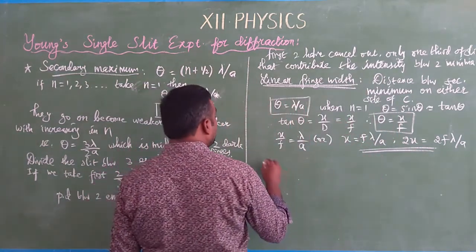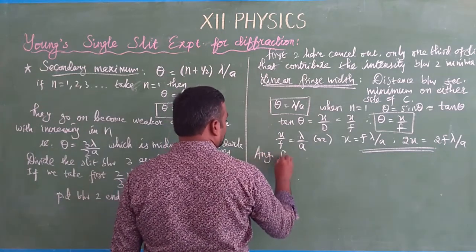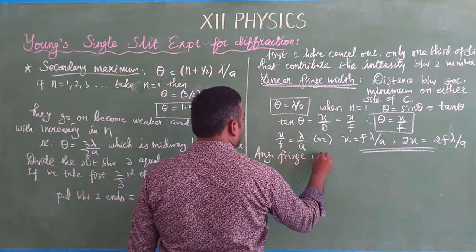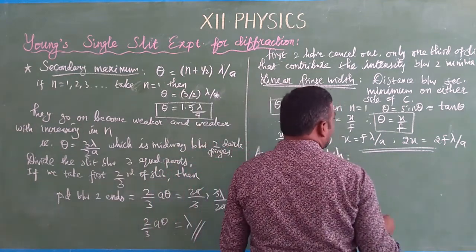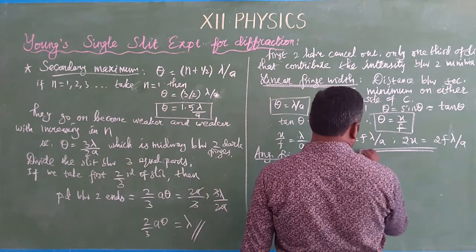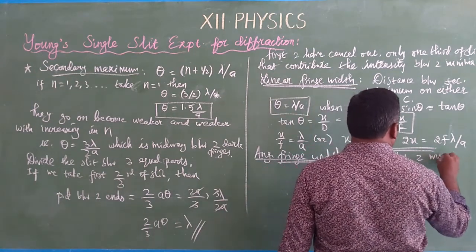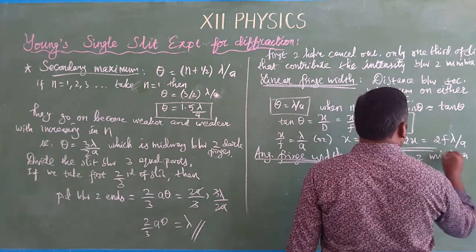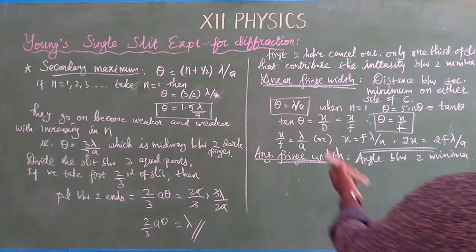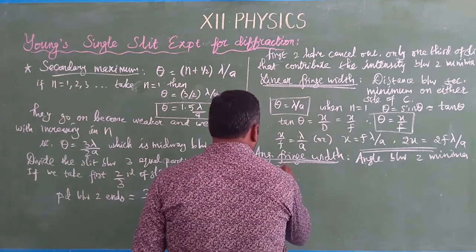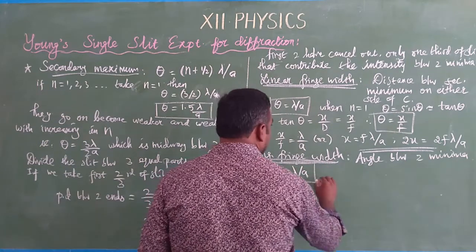Now we are going to find the angular fringe width. What is angular fringe width? It is the angle between two minima. Let us take theta as the same. Already we know theta is equal to lambda by a.